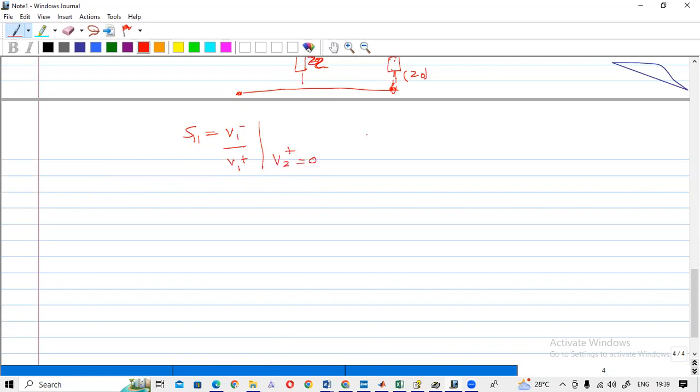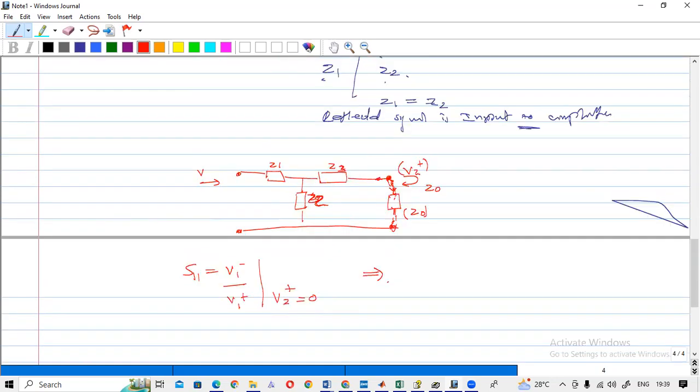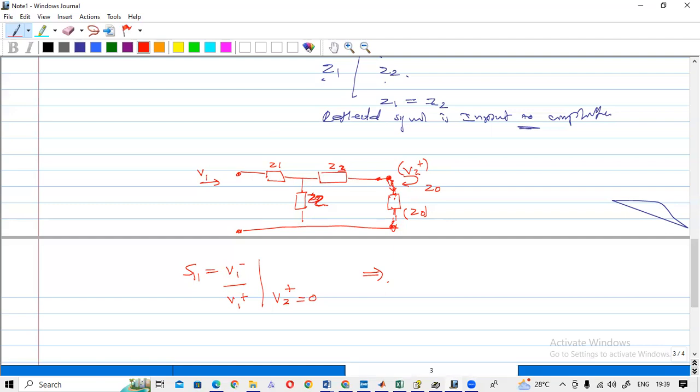So this is S11, no? So now I think you can calculate. What is this V1? Now you are considering this port. This port is terminated by Z0 load, so there is no signal going out. All the signal will go through the load. You can assume that. So now you have V plus signal input and V minus out.